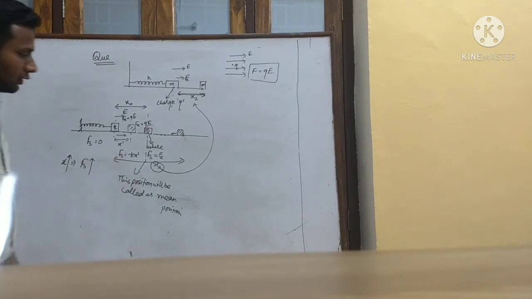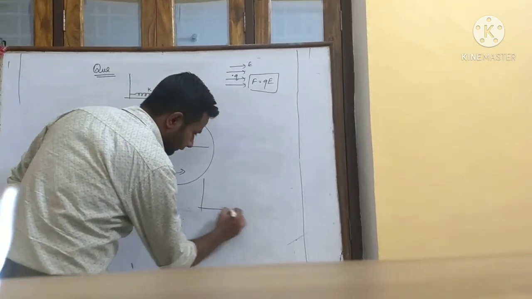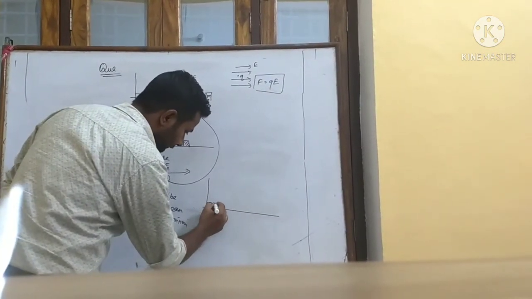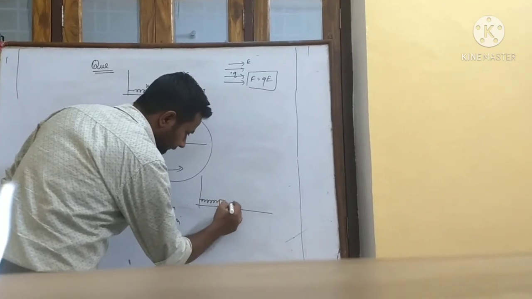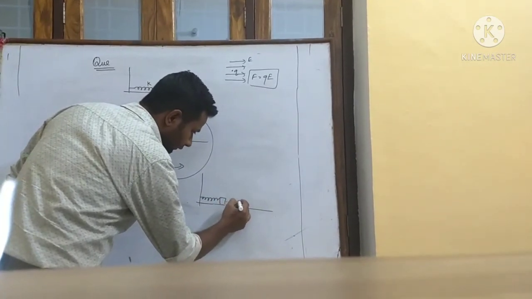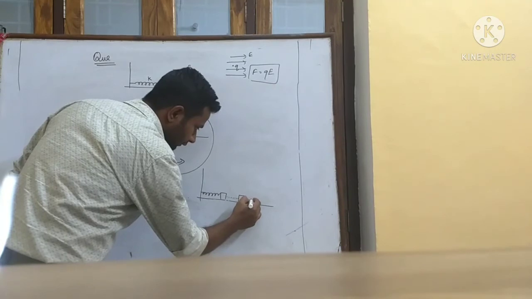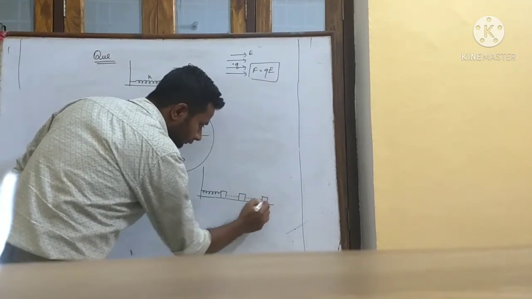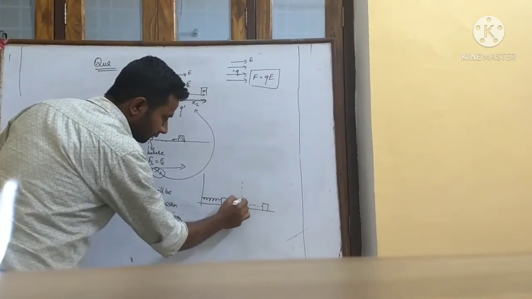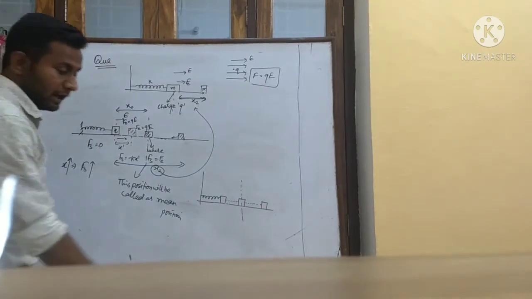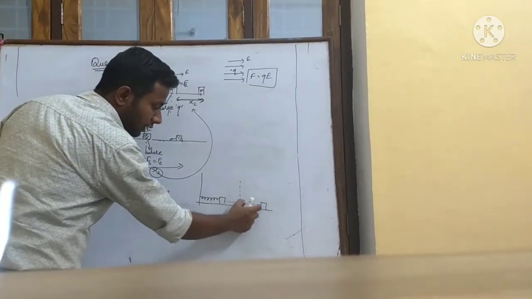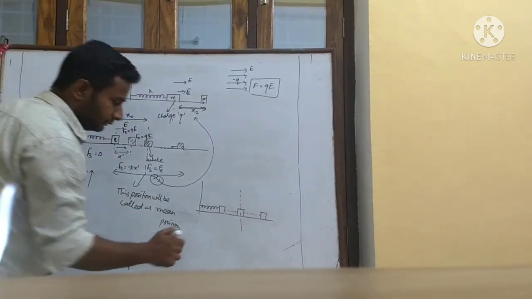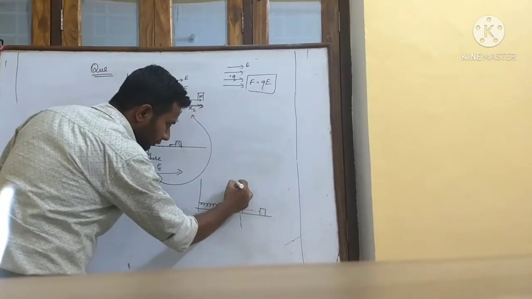Okay, so again I am drawing the diagram so you will not get confused. This is the mean position, and remember this distance will not be equal to this distance.